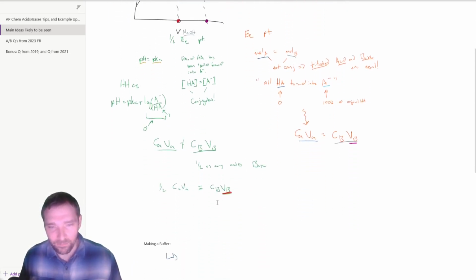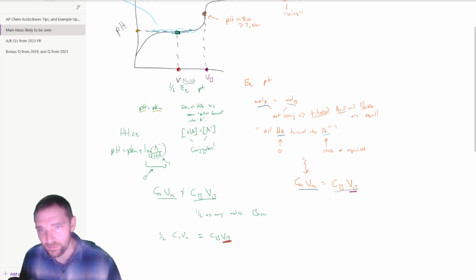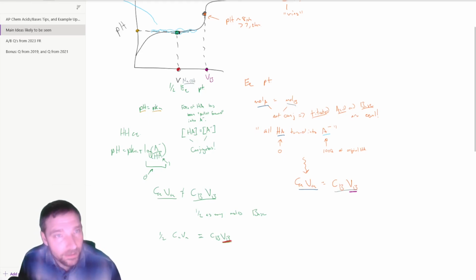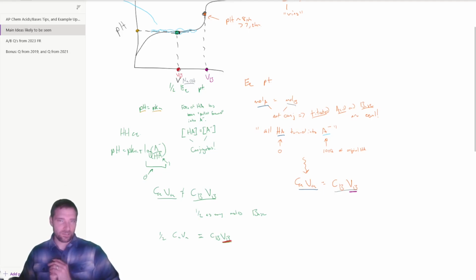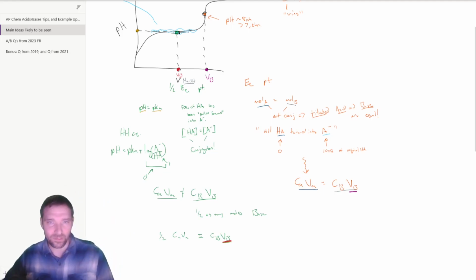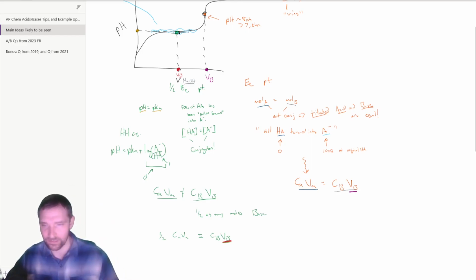One other thing to keep in mind is that if you're at the half equivalence point, the volume of base is half of that at the equivalence point. So you'll have this VB here for the equivalence point, and then what I've got in red right here, that's your VB right there. So this is just a volume that you might need to be able to solve for based off of them having moles present of the acid and knowing the concentration of the base, and you solve for that volume of the base.